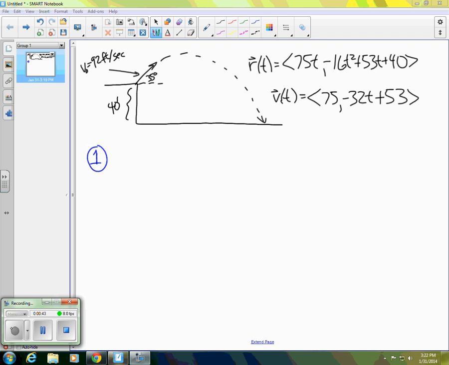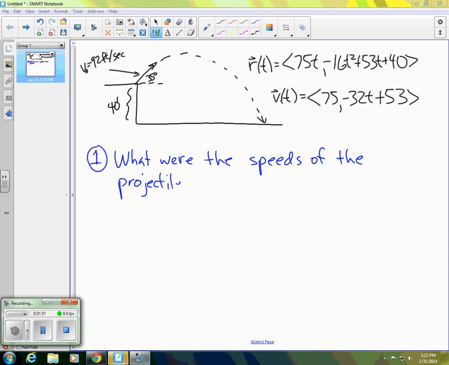So our first question for this video will be, what were the speeds of the projectile, let's say A, when it was launched, and B, when it hits the ground. When it hit the ground, past tense.